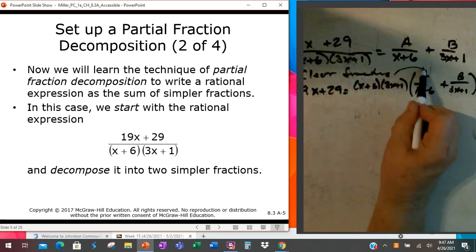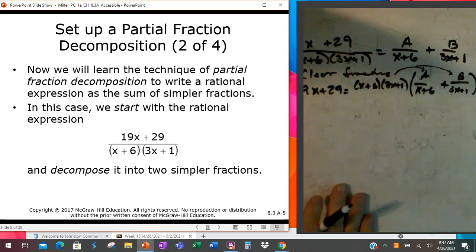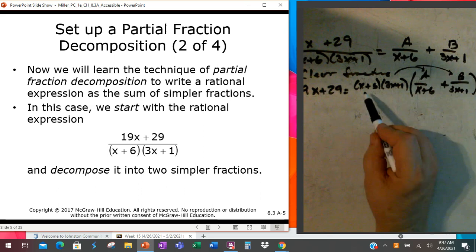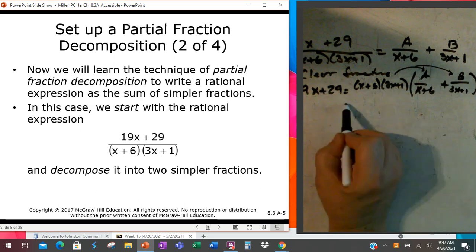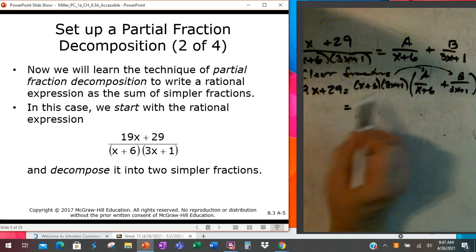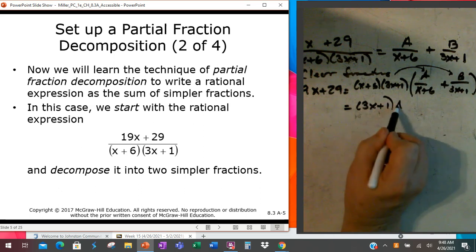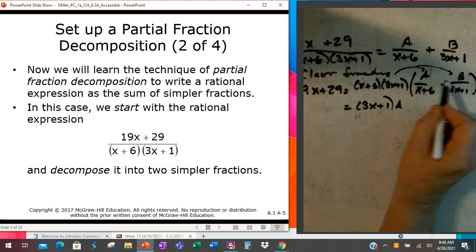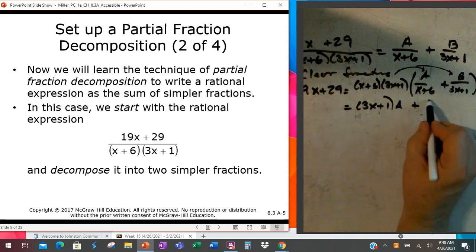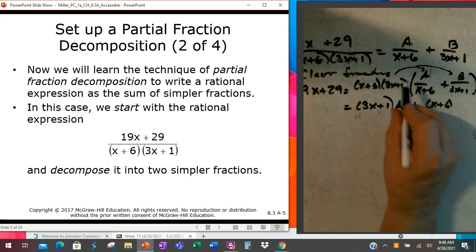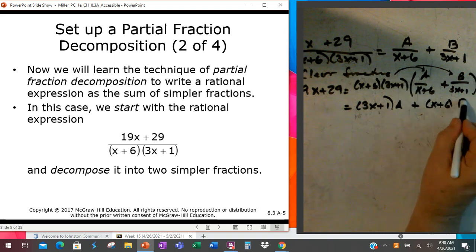Now this goes to here and there. So I distribute in both places. When both of these go here, the x plus 6 is going to go out, and then I'm just going to be left with the 3x plus 1 times A, and then plus B, the x plus 6, 3x plus 1 goes out here, and then I'm just left with that times B.